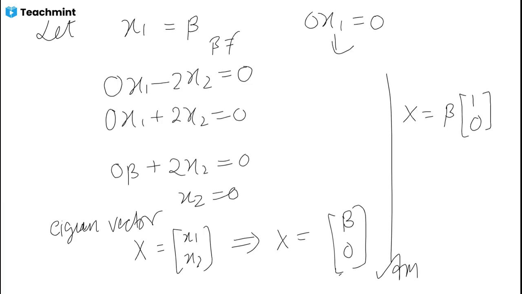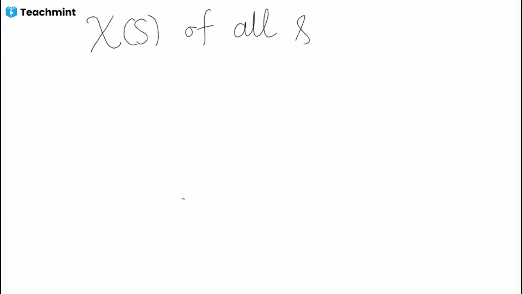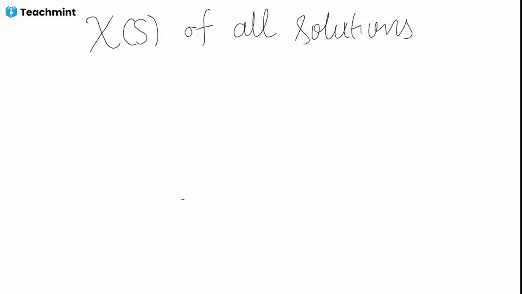This chi, the symbol I'm telling you, this chi s of all solutions. All solutions means including the null solution, having the zero solution also.